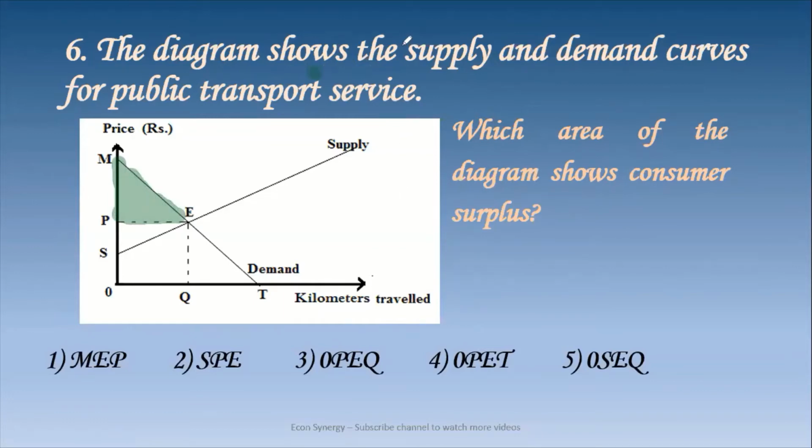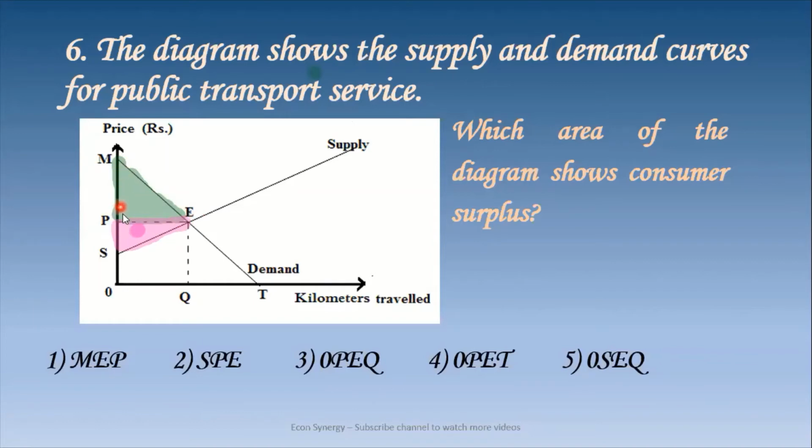Producer surplus is this part. Then what's the meaning of consumer surplus? Consumer surplus is the difference between the price that the consumer is willing to pay and the actual price paid for this equilibrium quantity.